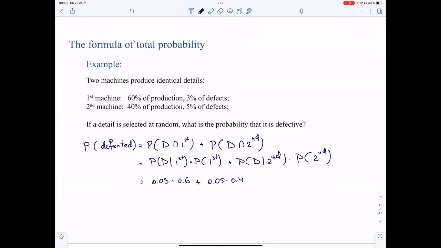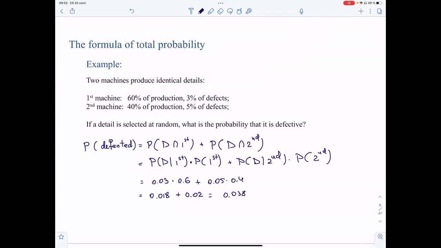And here the most complicated part starts. So it's 3 times 6, which is 18, and we have to shift the decimal, so it's 0.018 plus 0.02. And so it's 0.038.